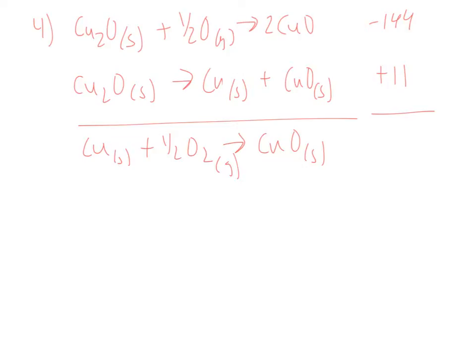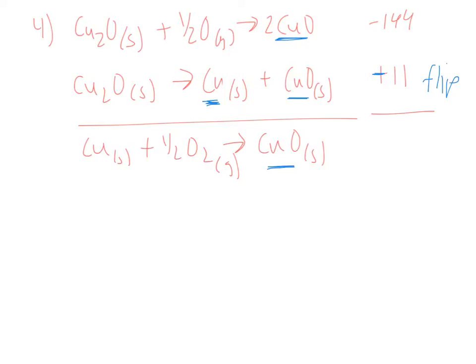Number 4 is an example of Hess's law, and it's pretty straightforward. When I look at my first reaction, I see that I have CuO on the product side, which is what I want. And initially, it looks like I need to double it, except you have to look carefully because my second equation also has CuO, but it also has the Cu that I'm going to need. So this one I'm going to have to flip.